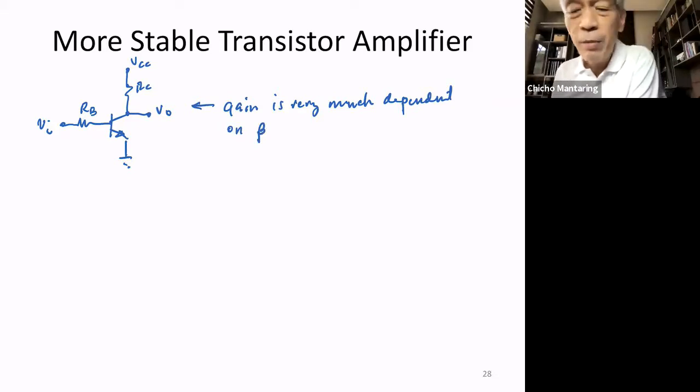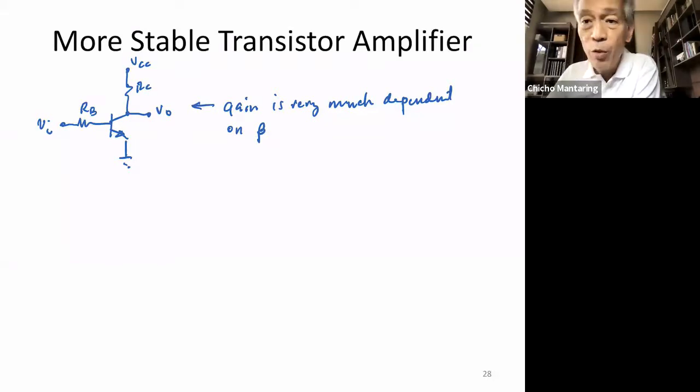It's very much dependent on beta. And you can figure this out by yourself. You try to compute for the delta VO over delta VI, and you're going to see that this is very much dependent on beta.